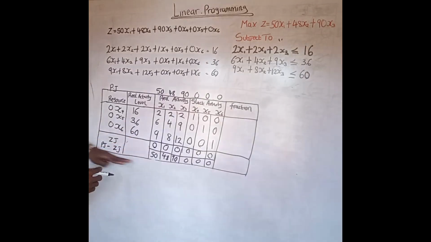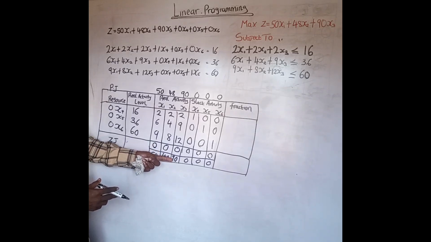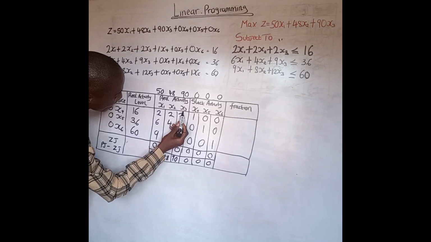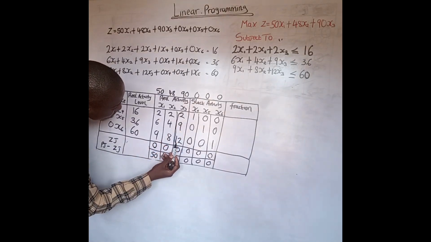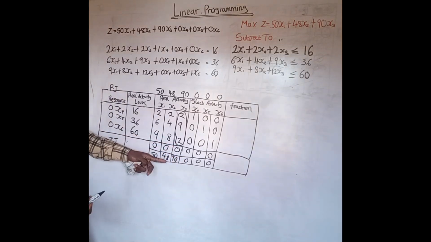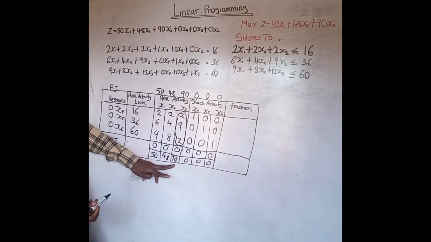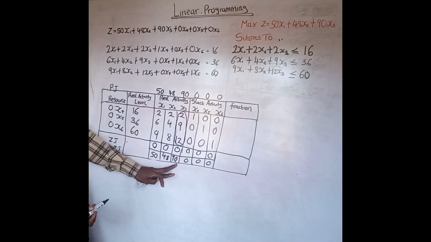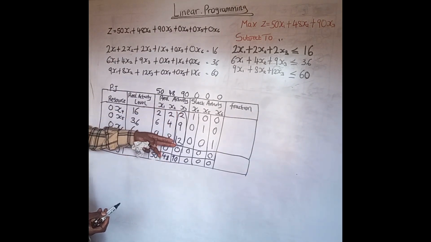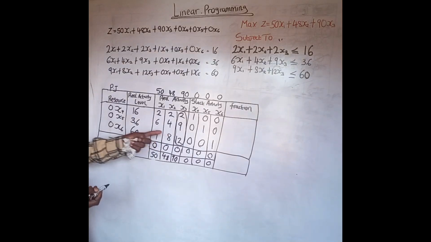If you look at the pj minus zj that I have here, you will realize that the highest value is 90. Therefore, my key column will be here. I'm going to be circling from this place. This will be my key column because the highest value of pj minus zj is 90, and 90 is greater than 50 and 48. Now, I have gotten my key column.